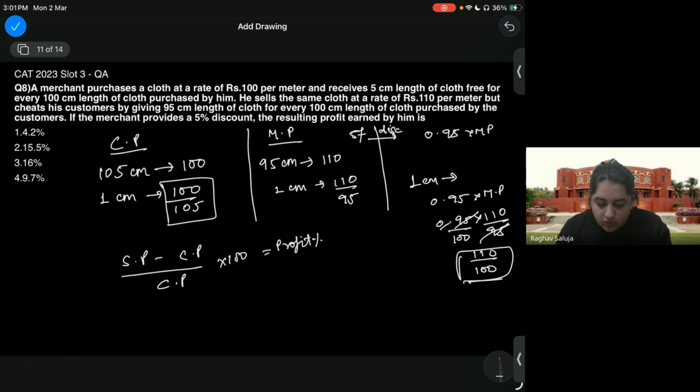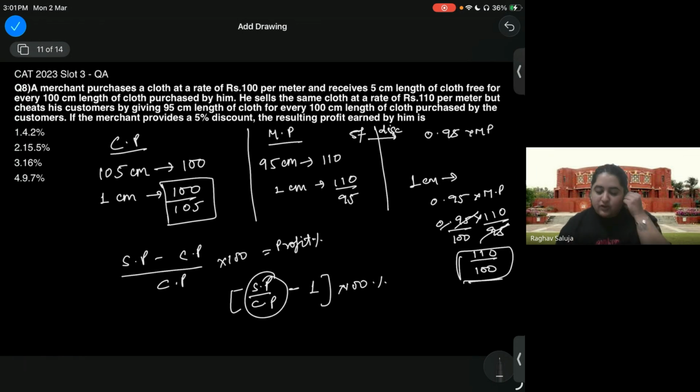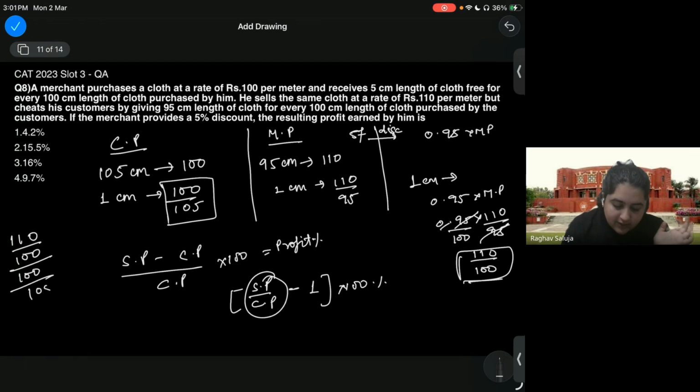I don't want to do the minus because it will increase my calculation, so I'll just open it. SP upon CP minus CP upon CP is nothing but 1, into 100%. So now we basically have to find SP upon CP. Our selling price is 110 by 100 upon 100 divided by 105.